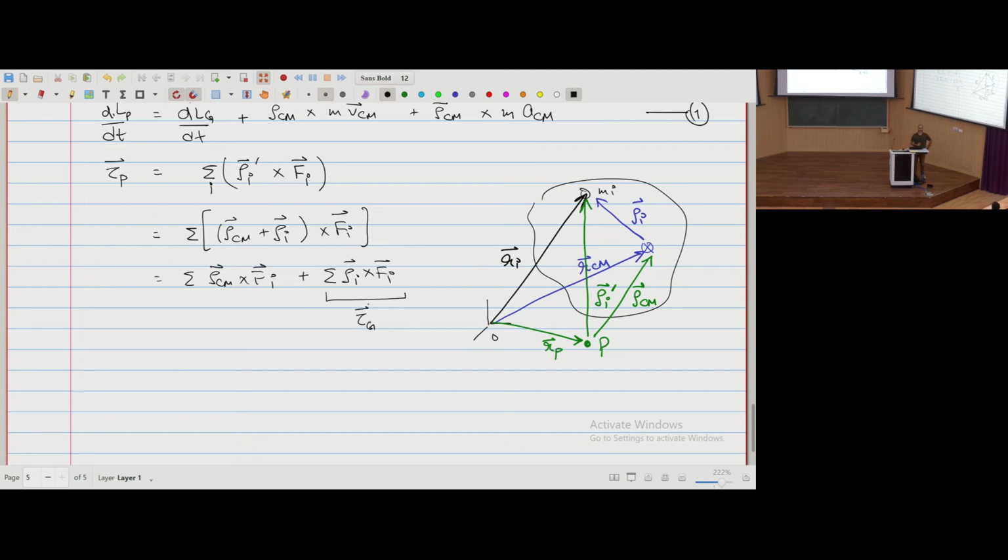The torque about the center of mass G. Can we write this?